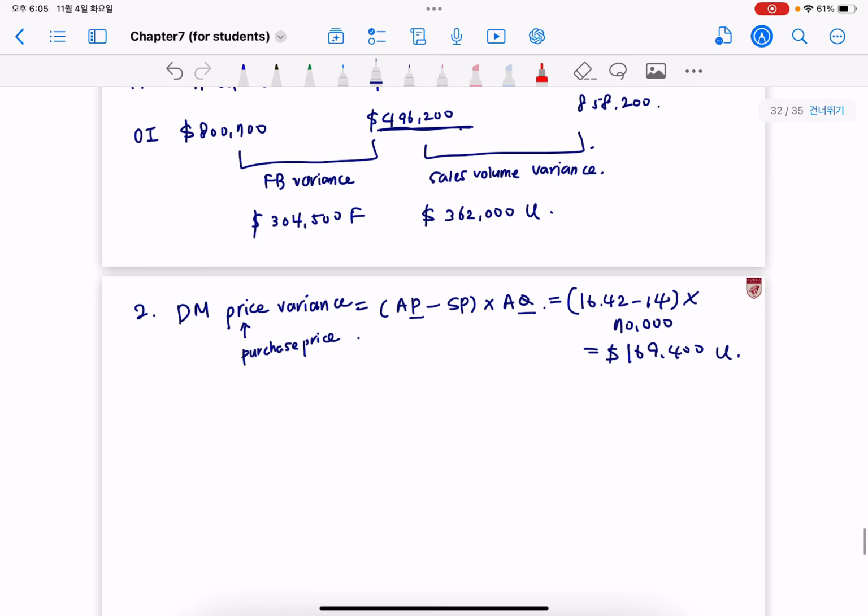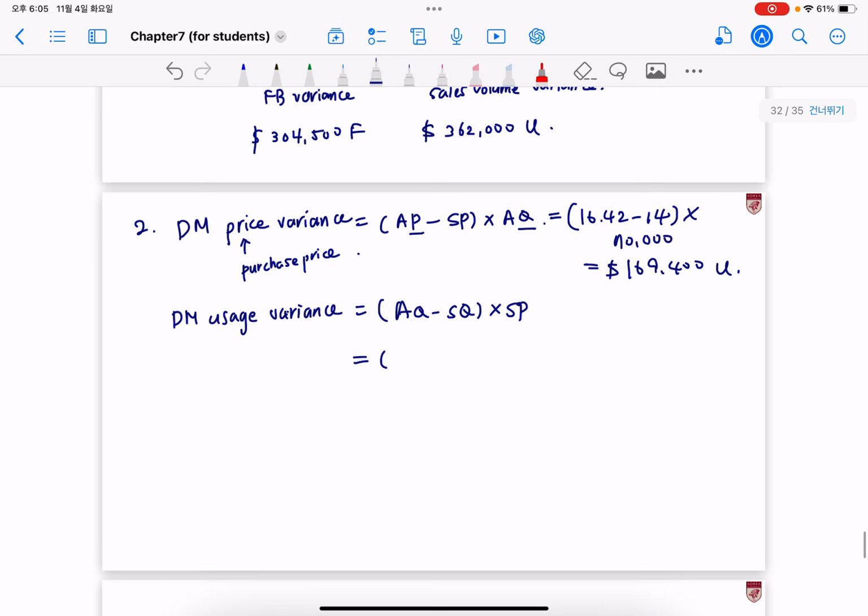Okay, and then for the DM usage variance, it is actual Q minus the standard Q times the standard price. So again, 70,000 minus the standard quantity, which can be calculated based on the actual output quantity times the standard input quantity per output, right?